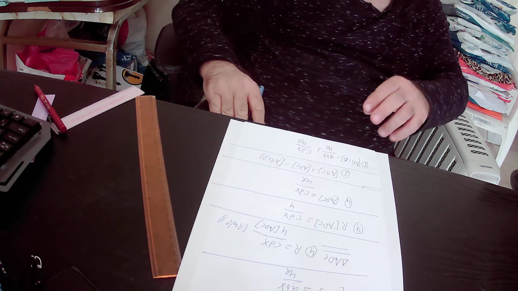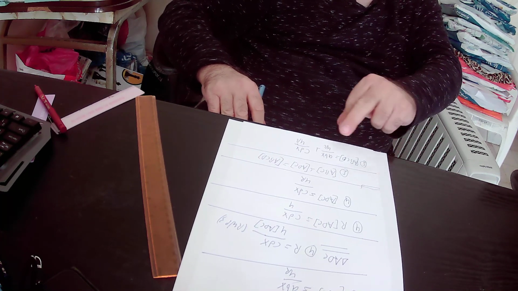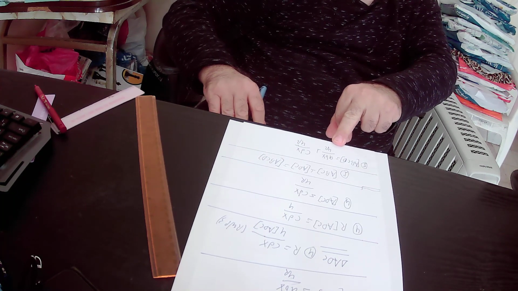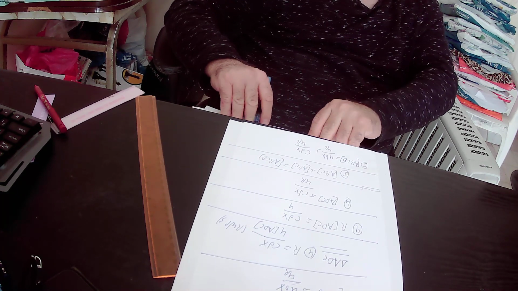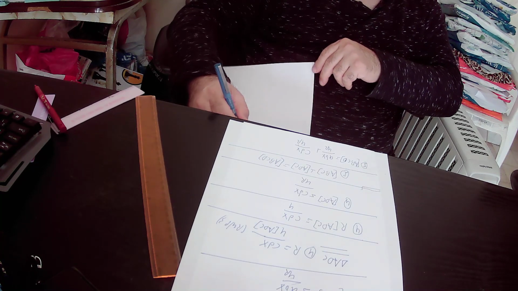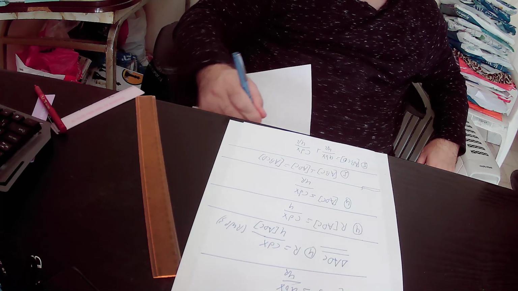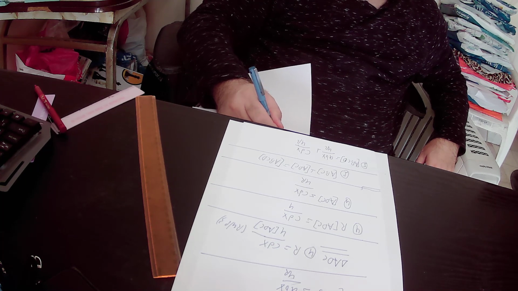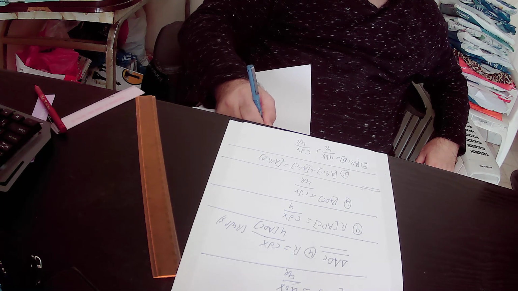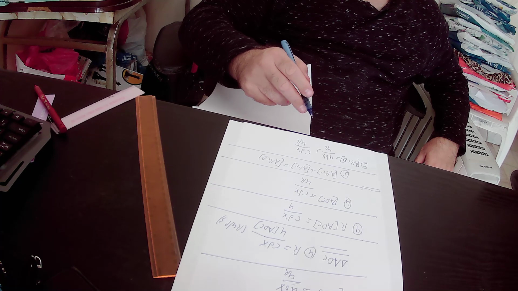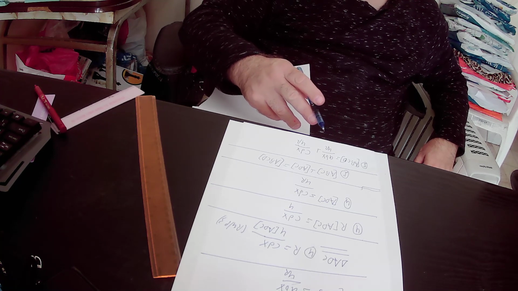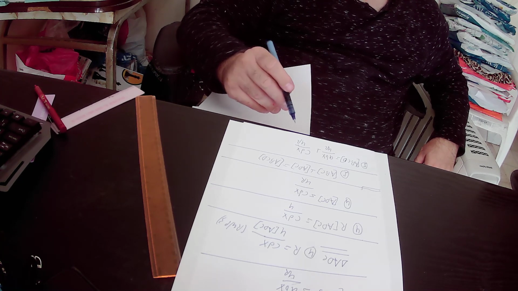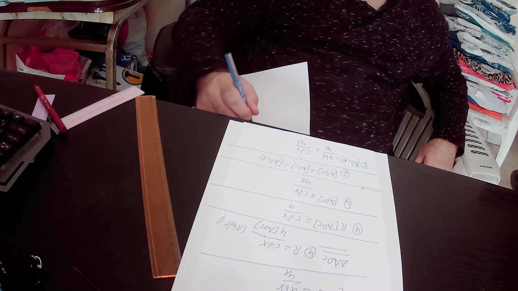So here we will take a common factor of X over 4R out of this equation number 1, and we will get that according to equation number 1, the area of quadrilateral ABCD equals X over 4R times the brackets.